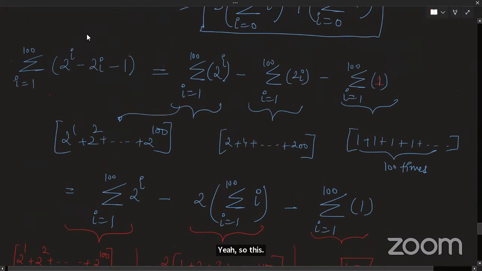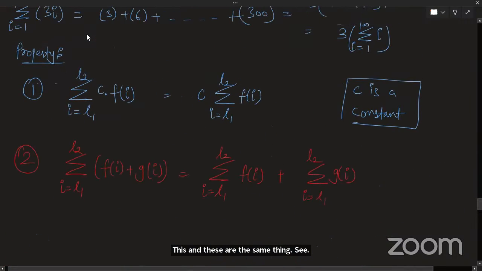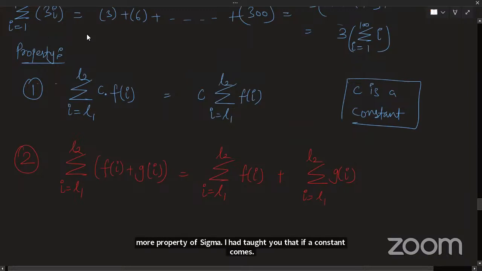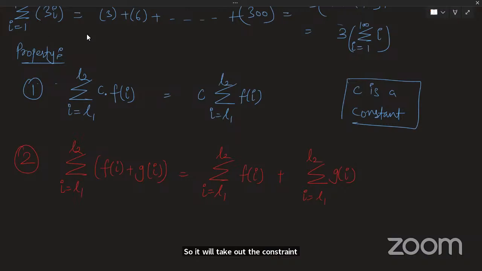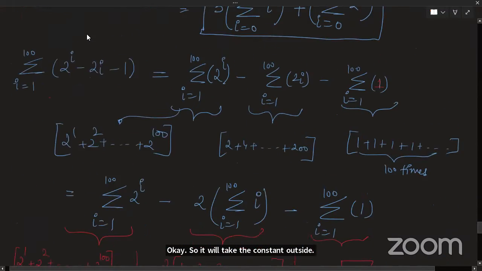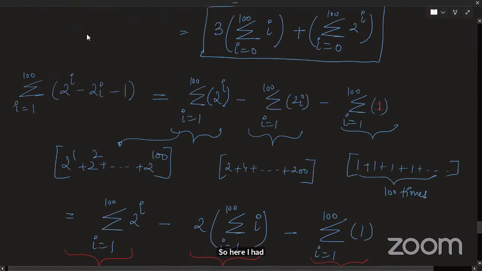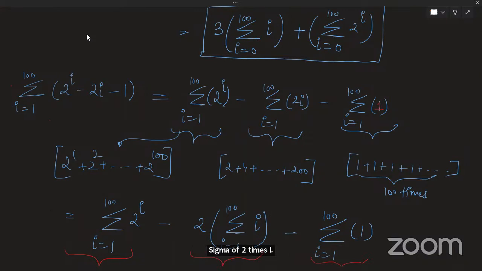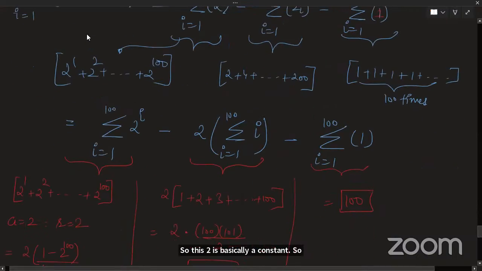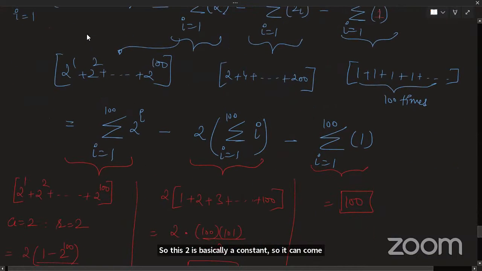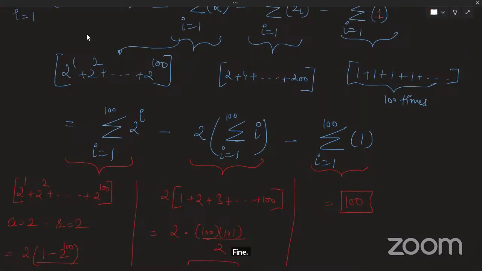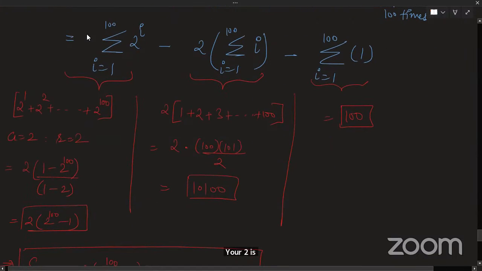See, one more property of sigma I had taught you: if a constant comes, it will take the constant outside. Here I had sigma of 2I, sigma of 2 times I. This 2 is basically a constant, so it can come outside. So it will become 2 times sigma of I. Right? That is what is happening.